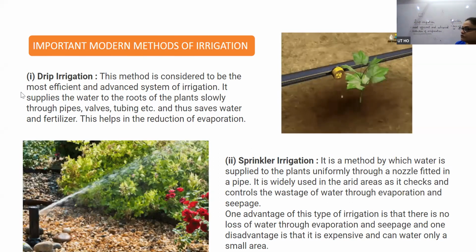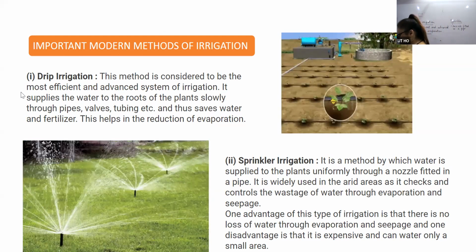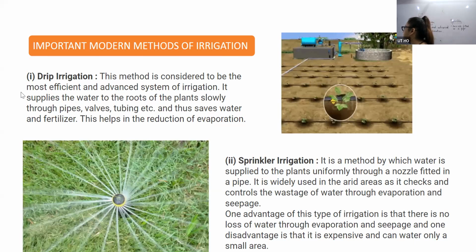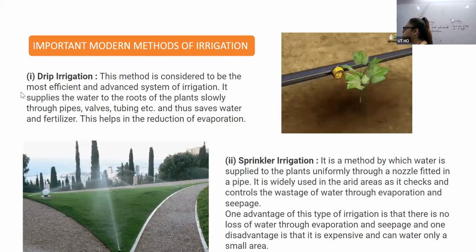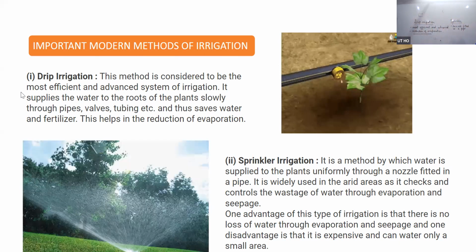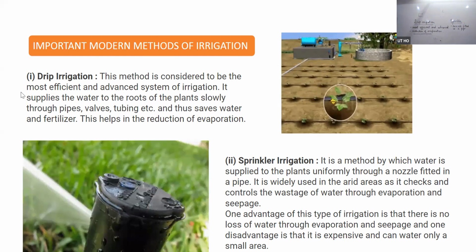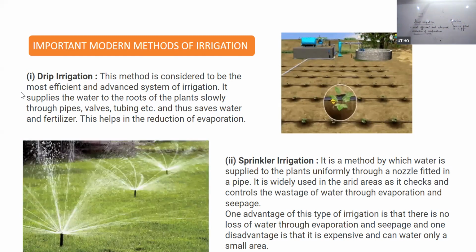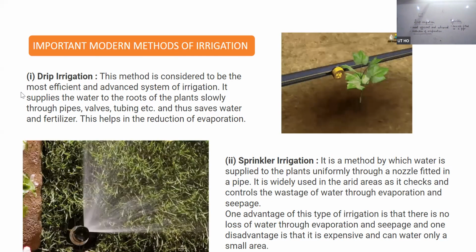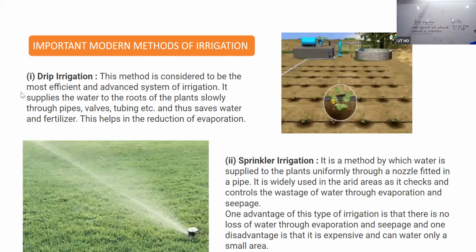It is widely used in arid areas as it checks and controls wastage of water through evaporation and seepage. One advantage of this type of irrigation is there is no loss of water through evaporation and seepage. And one disadvantage is that it is expensive and it can water only a small area. So they will switch it on only when required, but then it is only over a small area.